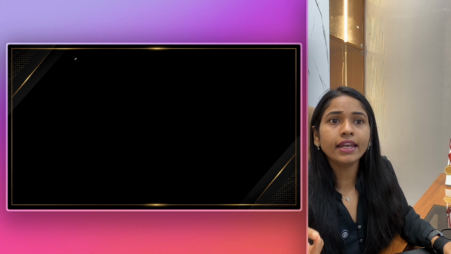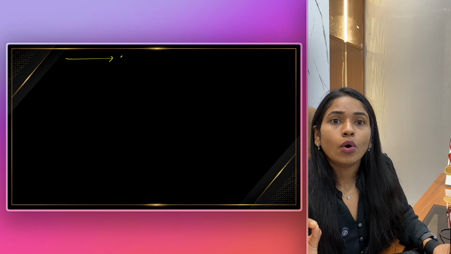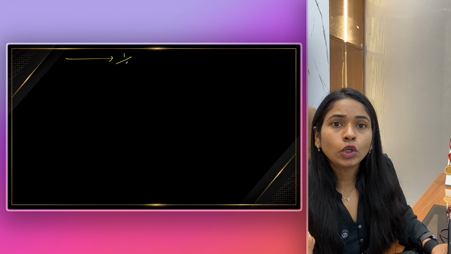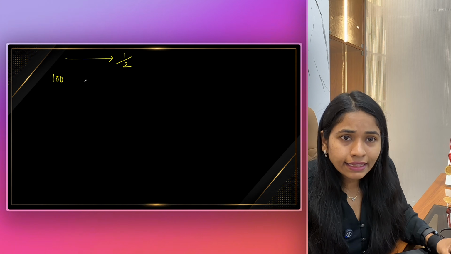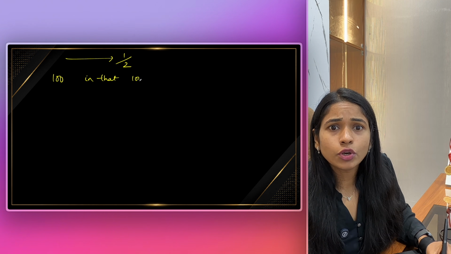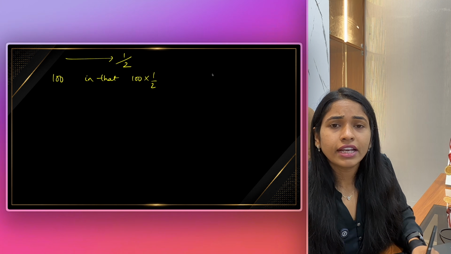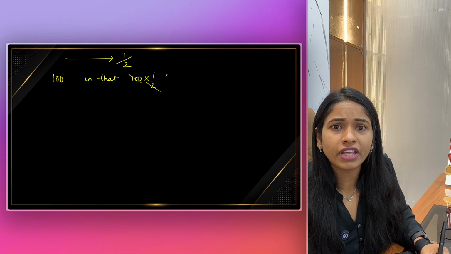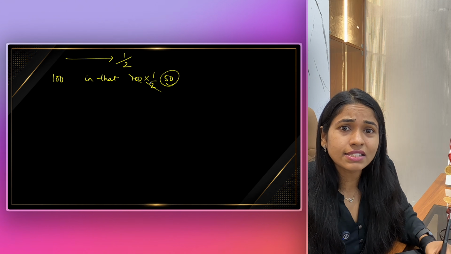Again I'll ask you, listen carefully students. If they say the initial concentration is reduced to 1/2, which means the initial concentration is reduced to half, what is the meaning of that? Let's say initial is 100. It is reduced to half, which means 50.